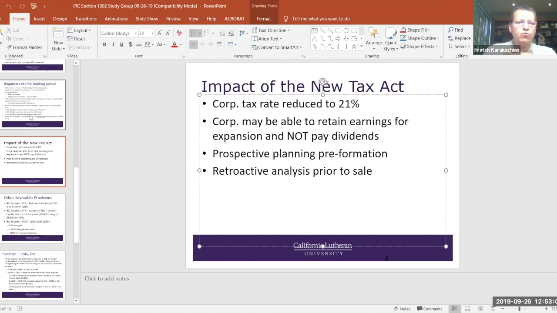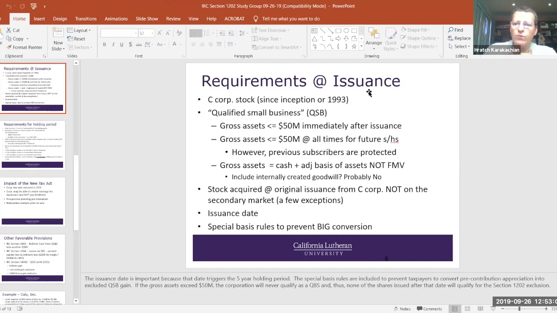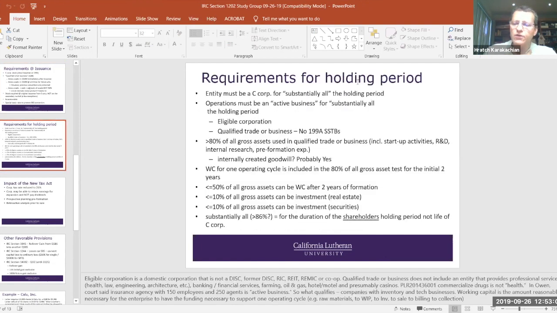Now, these rules, the requirements at issuance, apply at the time the stock is issued. However, the requirements for the holding period have to be met regularly during the operation of the company. And one commentator was recommending doing this analysis, this 80%, 50%, 10% analysis, on an annual basis.